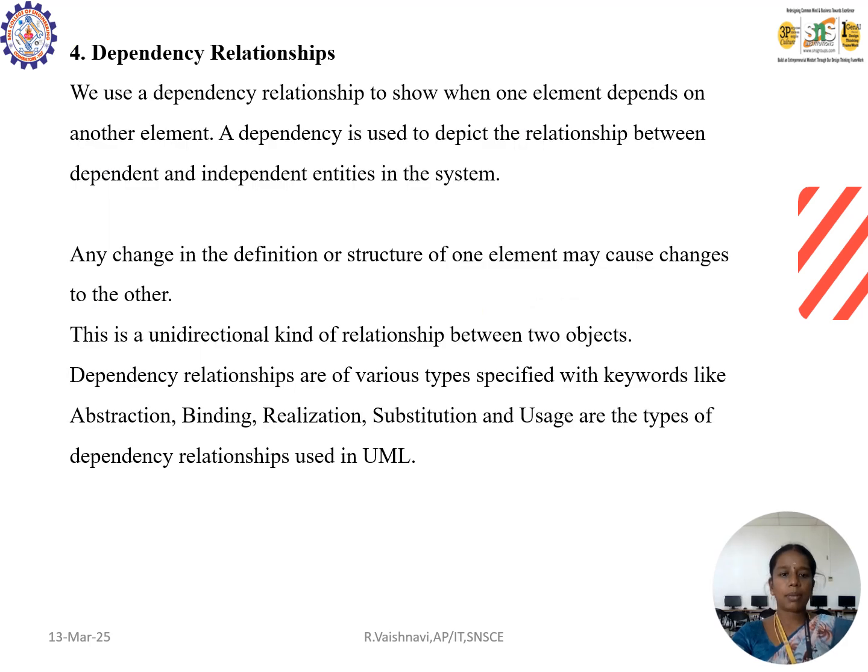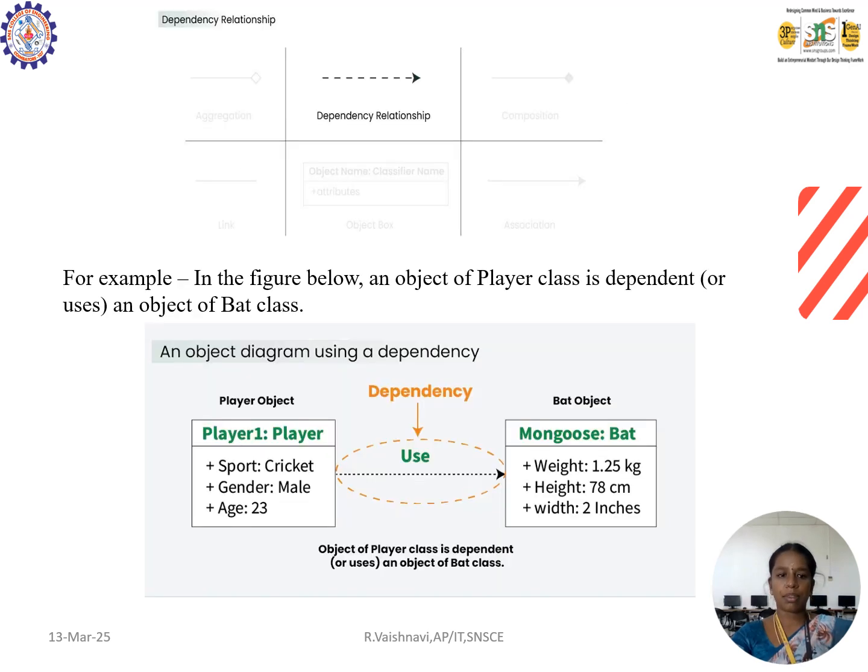Fourth one will be the dependency relationship. We use the dependency relationship to show when one element depends on another element. The dependency is used to depict the relationship between the dependent and the independent entities in the system. And then here we have the example for dependency. Here we have the object one as a player.